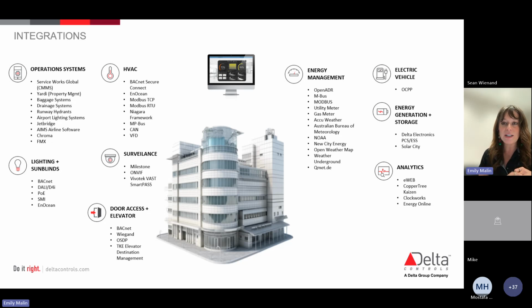So your operating system might have a different way of speaking than your HVAC system, or than your analytics, or than your EVs. Don't dive too deep into it, and we can provide you with all these slides afterwards. When you're starting to design this system, it is something to think about that not all of these systems are going to be talking the same language, but we need to find a way to get them all working in harmony to be able to have that centralized control of a building automation system.